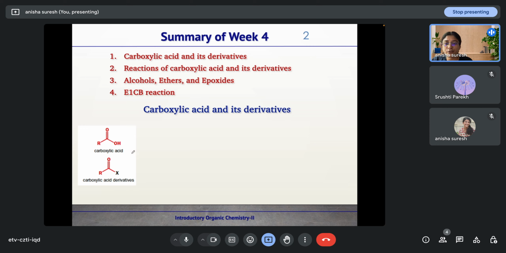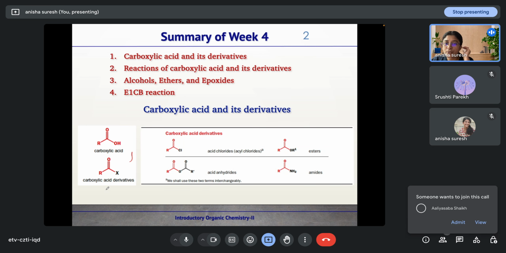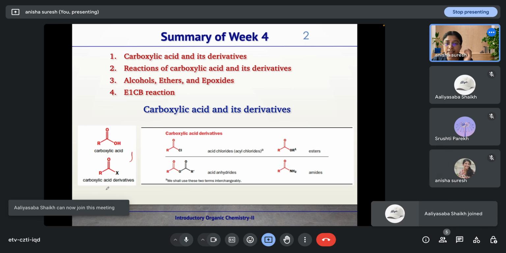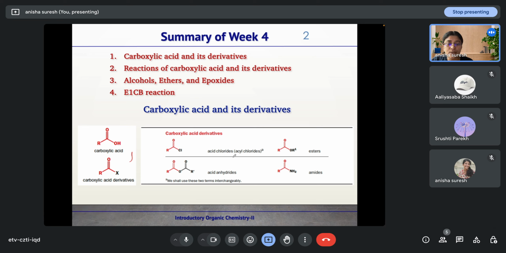This is the structure of carboxylic acid. And when this OH is replaced by other groups, which are represented by X, we get carboxylic acid derivatives. When X is chloride, they are known as acid chlorides or acyl chlorides. We use the terms interchangeably.